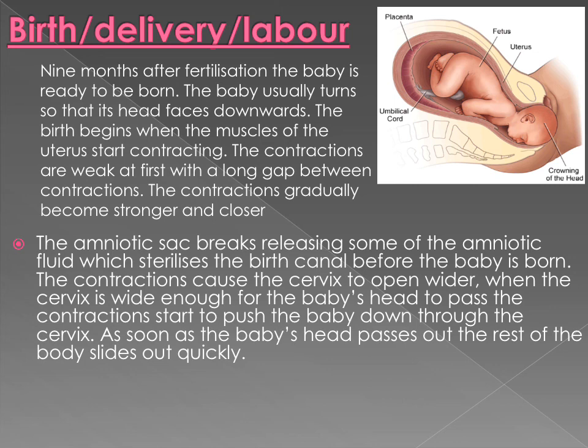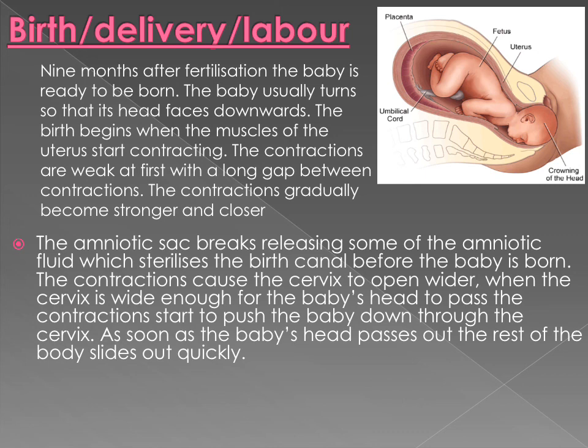It sterilizes, as if it washes out any microbes, any bacteria that are found in the vagina, in the birth canal. Now we're going to call it the birth canal, where the baby will come out, so that his body is not affected by any microbes. It also will help the baby to slip or slide out of the birth canal.